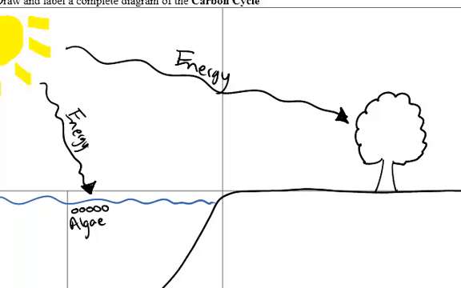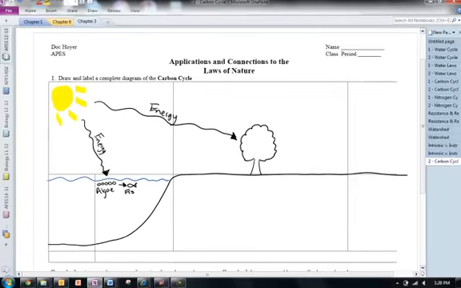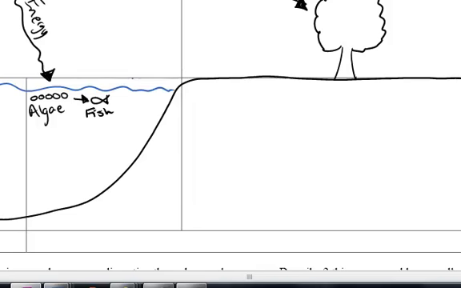We're going to continue with the algae in the aquatic part of the carbon cycle. This algae is going to be consumed by a fish. That fish, just like every other living thing, along with the algae, will eventually die.